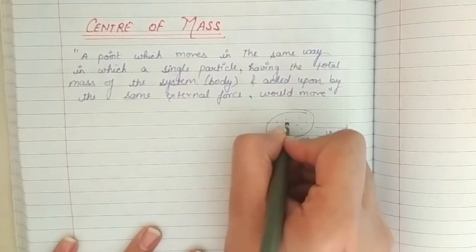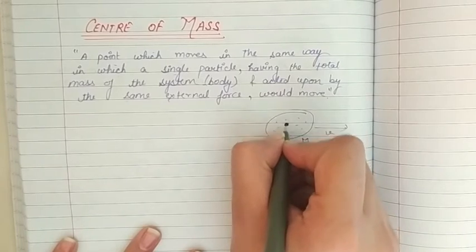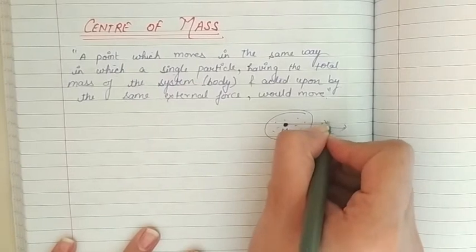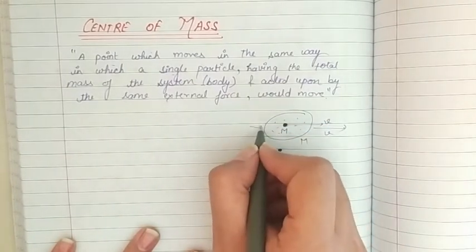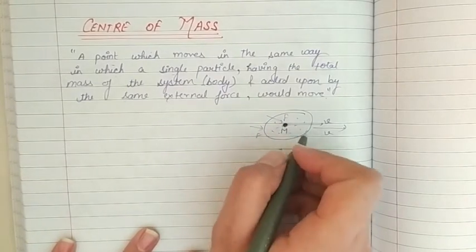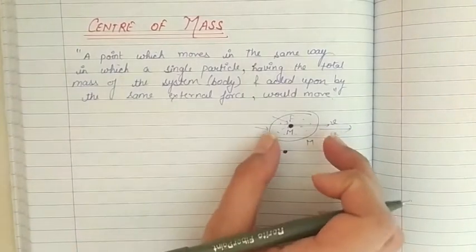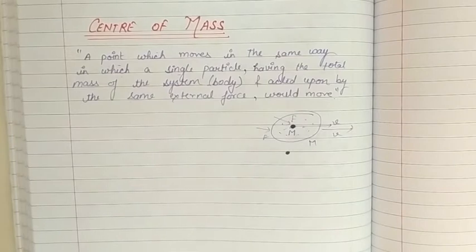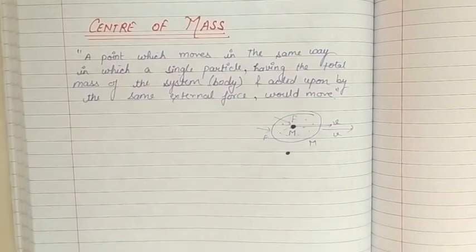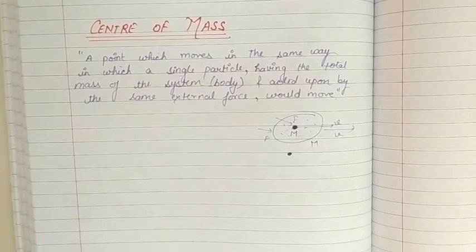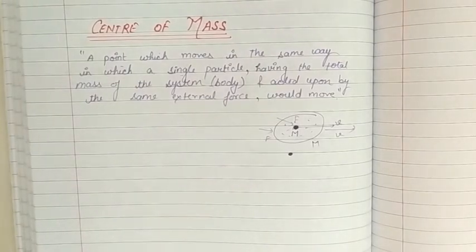If there is a point inside the body whose mass is capital M and which also shows the velocity v, or the forces acting on the whole system act on it only, then that point is called the center of mass for this system of particles. So a single point which has the same mass, the same external forces acting on it and shows the same kind of motion as that system of particles or body is called the center of mass for that system.